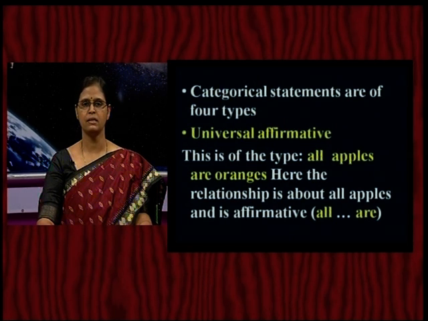Since I have "all" followed by "are", it is a universal affirmative. If something is not a universal affirmative, it has to be a particular affirmative or a universal negative.